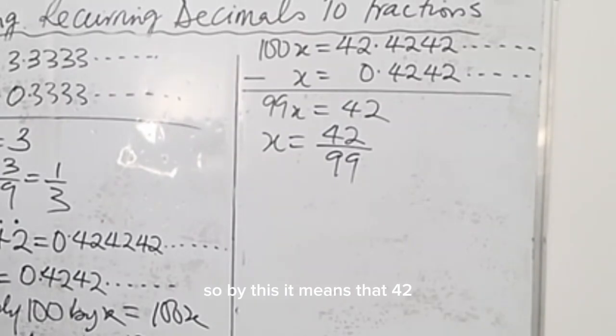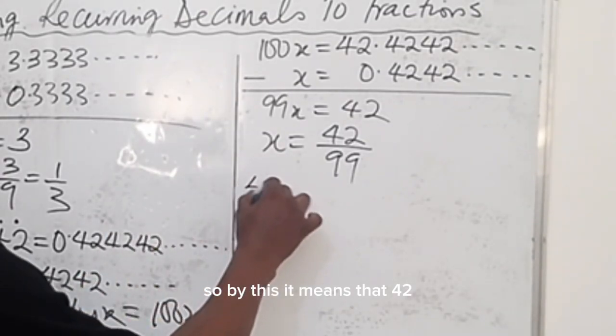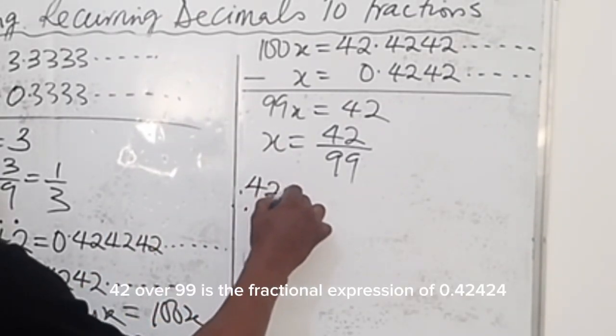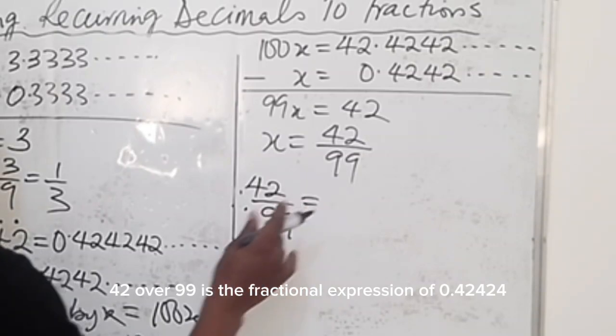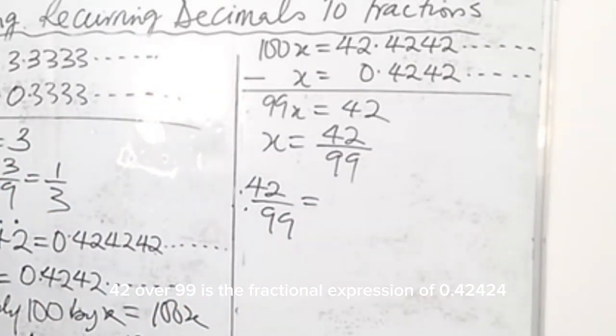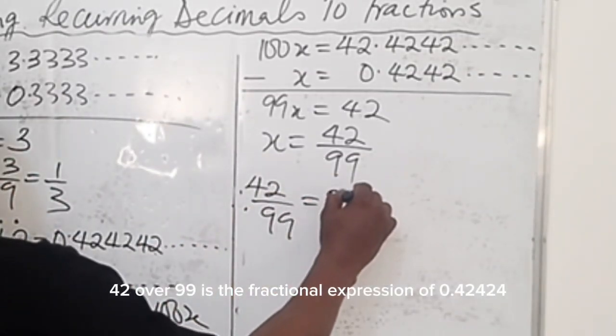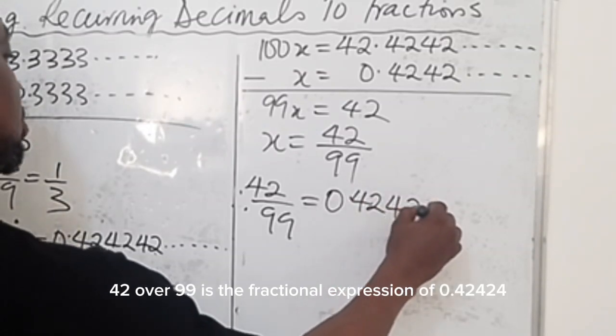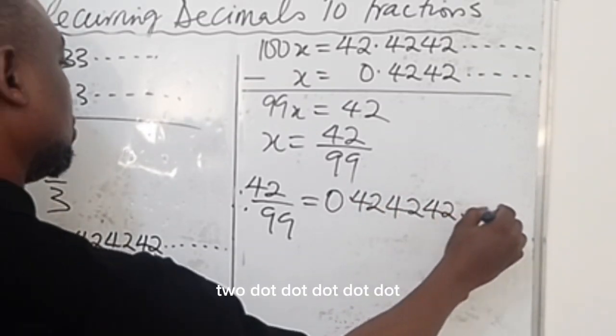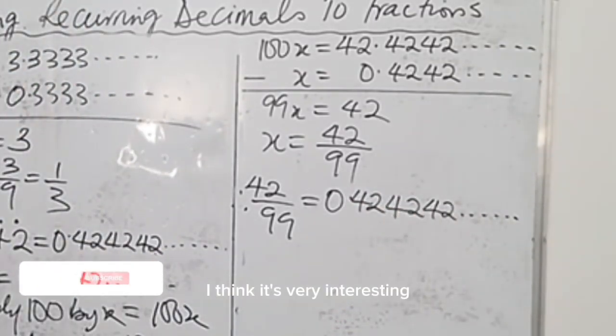So by this, it means that 42 over 99 is the fractional expression of 0.424242 dot dot dot. I think it's very interesting. It's very simple. It's not even something you sweat about.